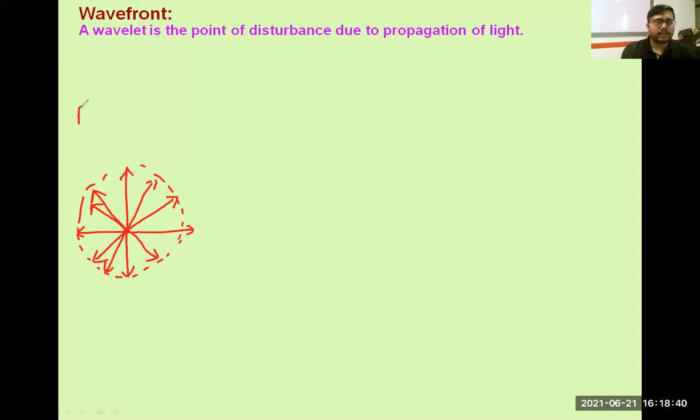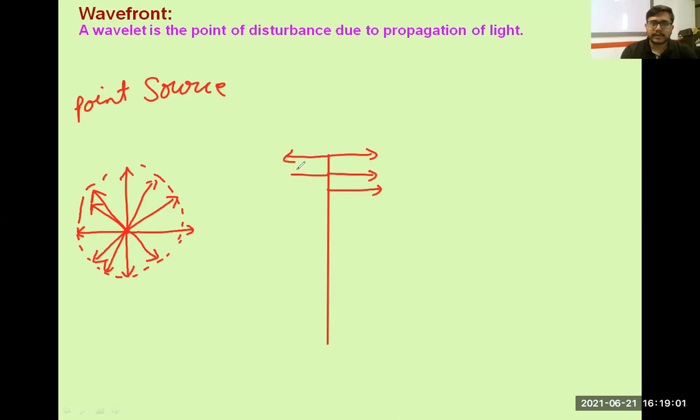Okay. For a point source. Similarly, suppose we have a line source of light, suppose we have a straight line like this. So this line will directly emit light like this, from this side also, from this side also it will emit.